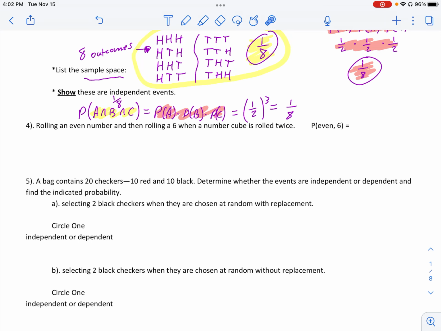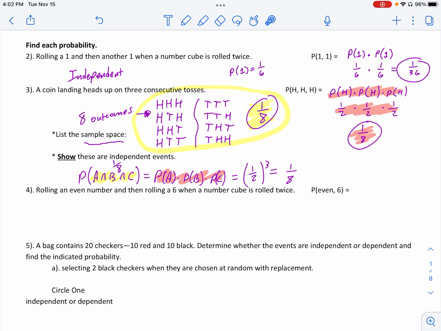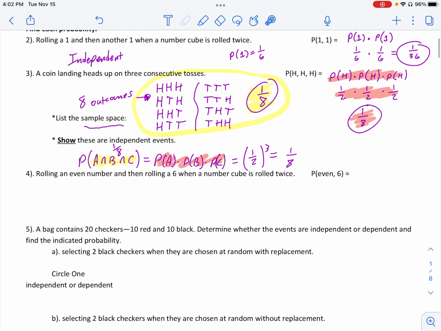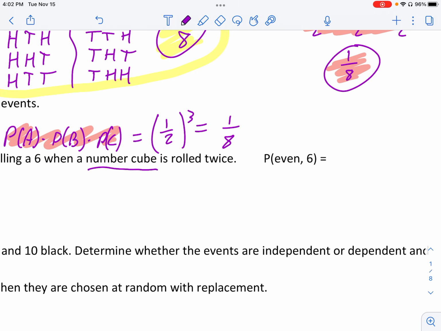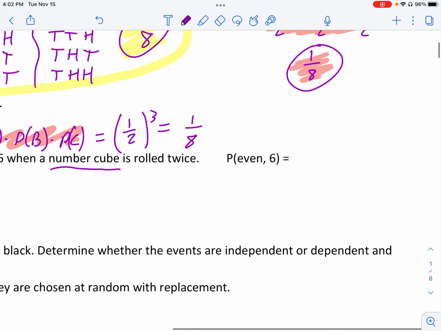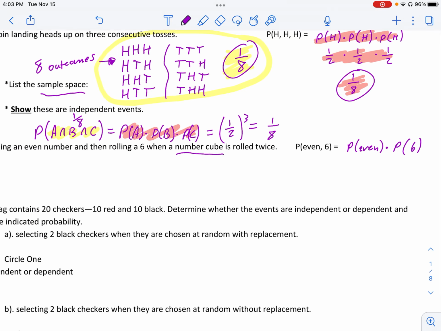All right, number 4, rolling an even number and then rolling a 6 when a number cube, a dice, is rolled twice. Rolling dice are independent events because one roll has no impact on the next roll and the next roll. So the probability of an even is the first event, and we're going to multiply that by the probability of a 6 for my second event.